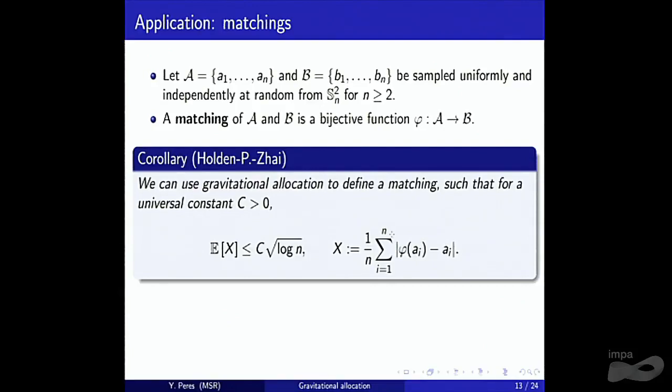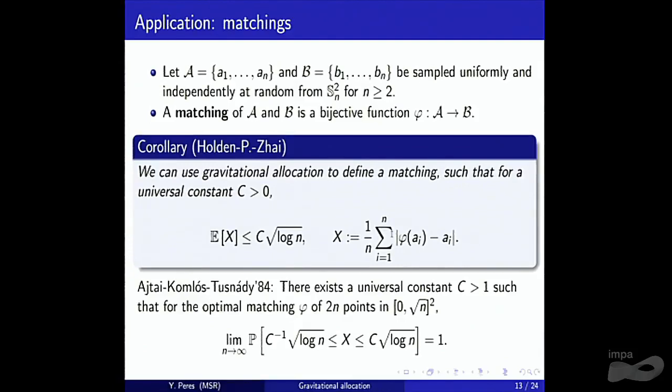What we want is a matching whose expected average distance is of order root log n. Now, by this theorem I mentioned before of Ajtai, Komlós, and Tusnády, that's optimal. So the optimal matching is of order root log n. They proved it in the square, but the proof works equally well on the sphere. Okay, so that's the statement.